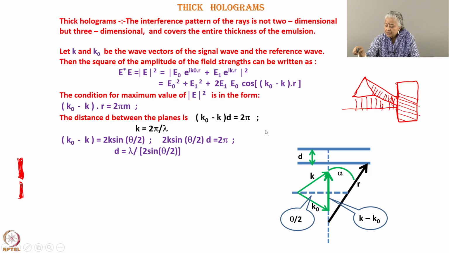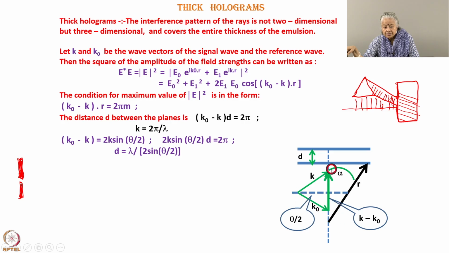So, here I think I can just show it here. If you see this structure, this is k0 and this is k. One is the reference wave, k is the wave vector of the signal wave, and k0 of the reference wave. These two, what is the addition of these two?